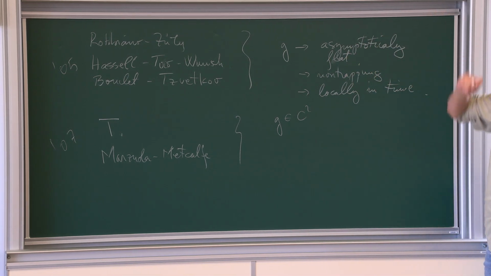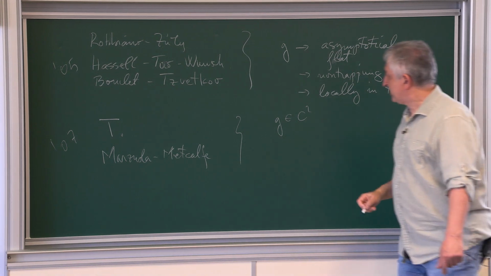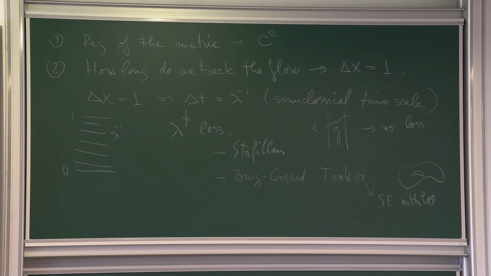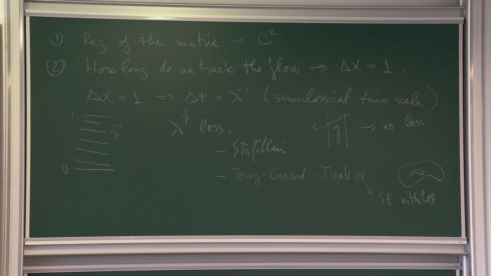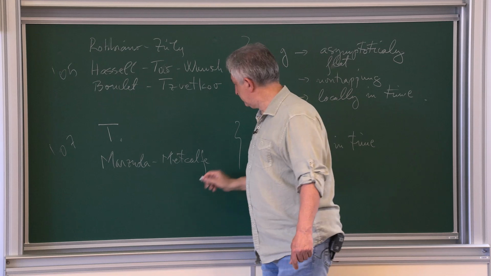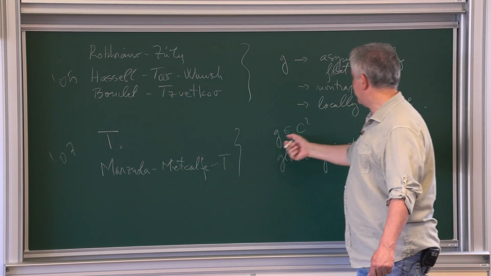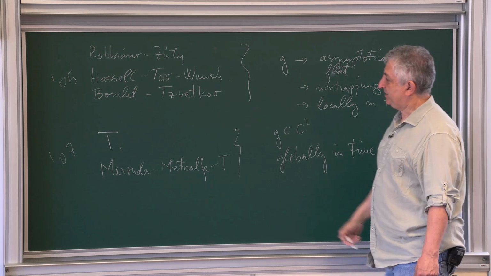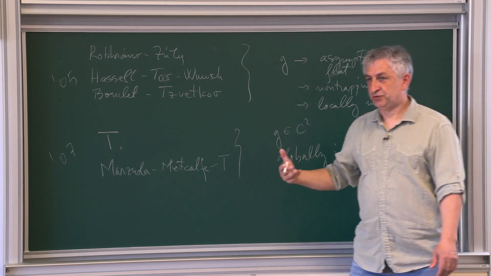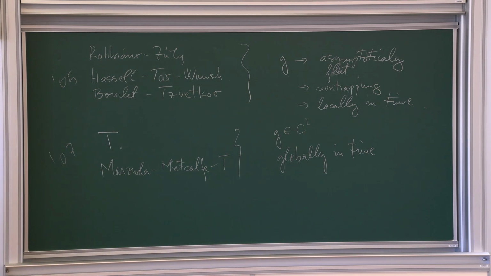I think we also had C2 metrics with Gigliola over there. And this is globally in time. And so the difference between these two papers, the first one had some smallness condition, which automatically guaranteed the non-trapping, and the second one required some quantitative version of non-trapping, expressed using local energy decay estimates, but I don't want to get into that.